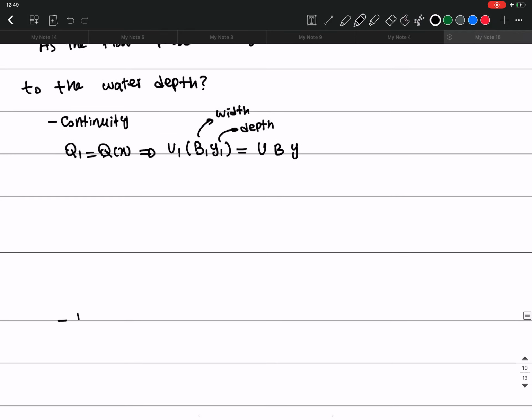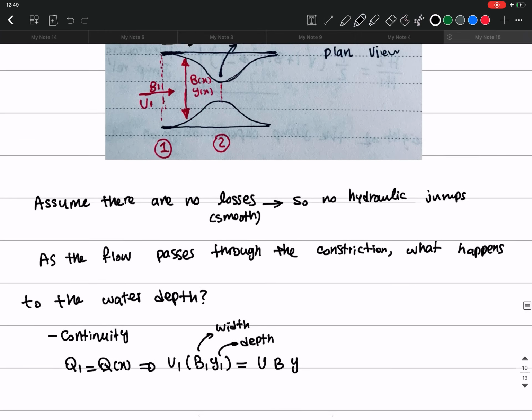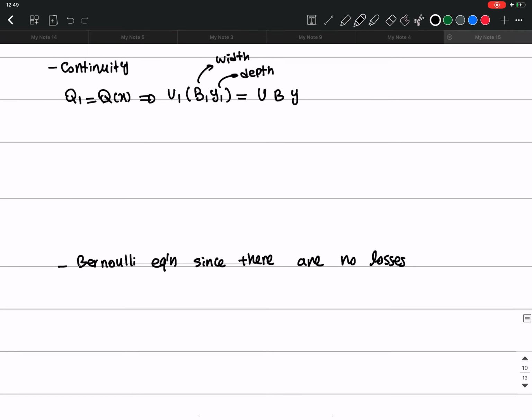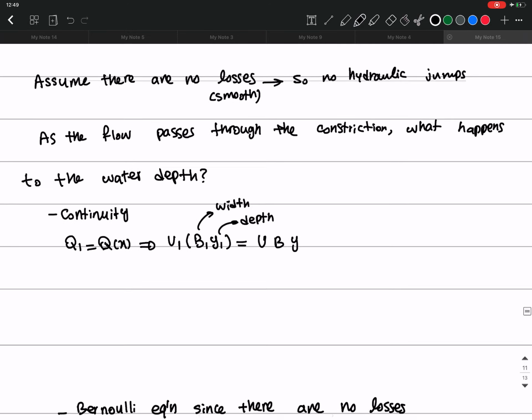So I can write the Bernoulli equation here. Unlike the hydraulic jump, since we don't have any energy losses, I want to write the Bernoulli along the surface, because the pressure is always going to be atmospheric pressure, so it's going to cancel out. So along the surface, I can write it down.